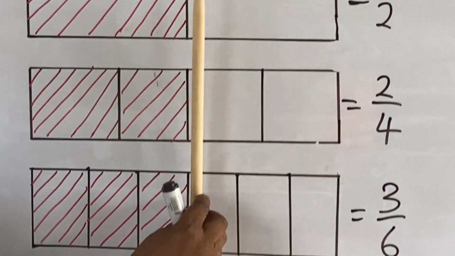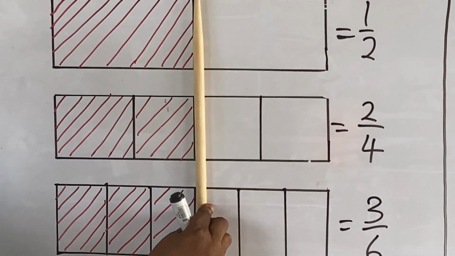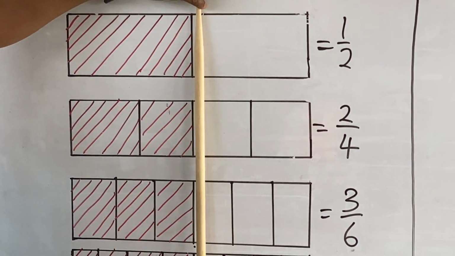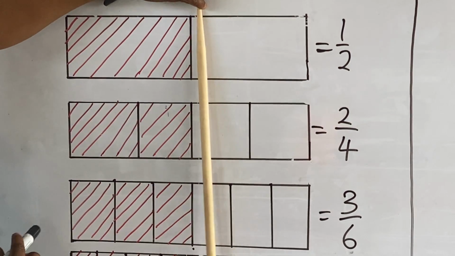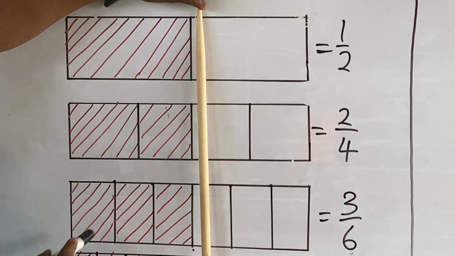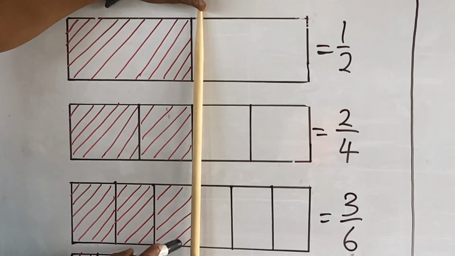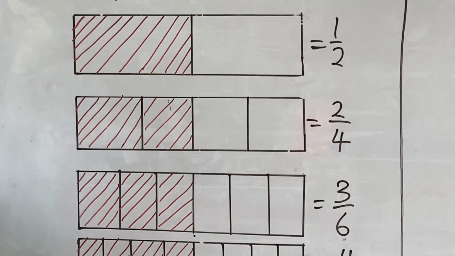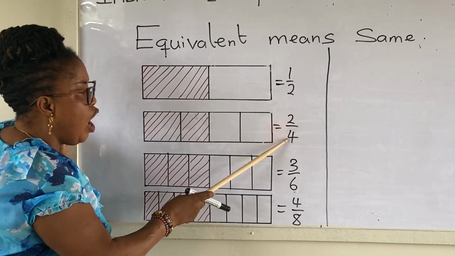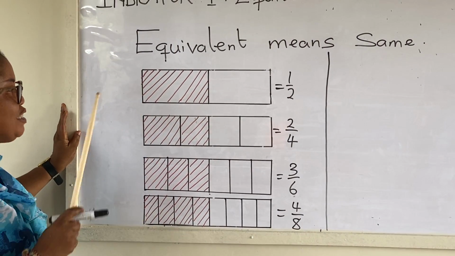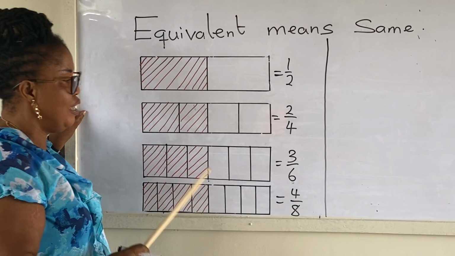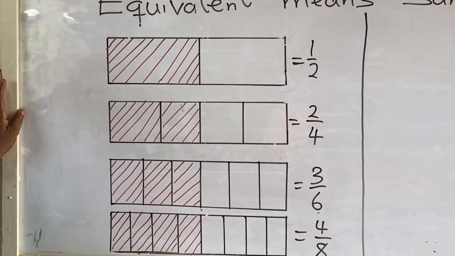But let's compare the 3 diagrams. From the top, 1/2 is the same as 2/4 and the same as 3/6, meaning 1/2 is equal to 2/4 is equal to 3/6. So 1/2 is equivalent to 2/4 is equivalent to 3/6.